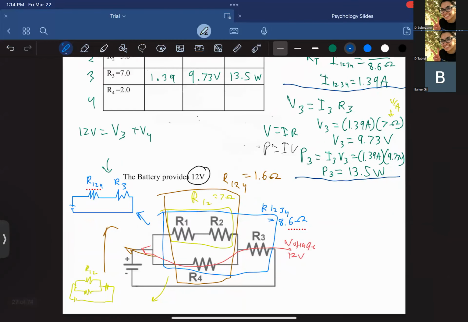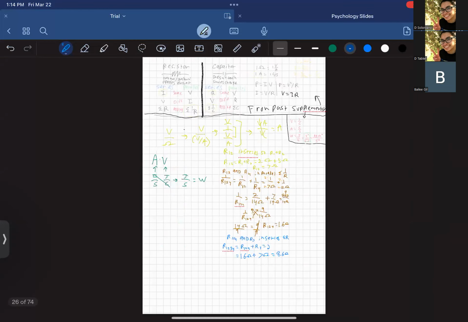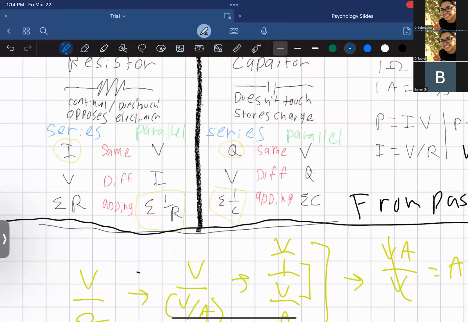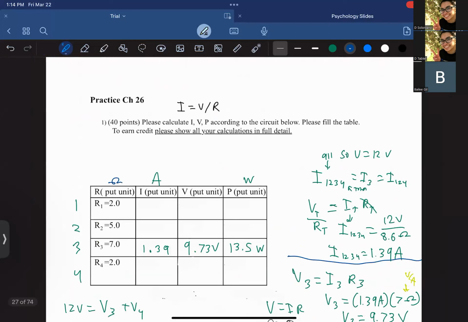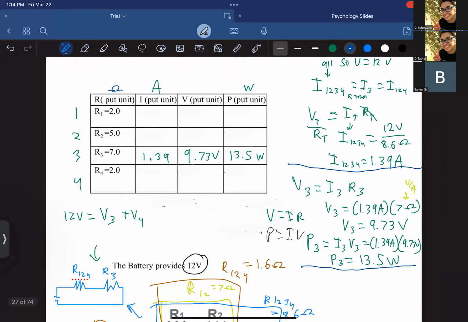Probably one of these two in the 1, 2, 4. We know that they're in parallel, and according to resistors in parallel, they have the same voltage but different I's, which means that our voltage that we found up here, did we find voltage for that yet? We have not. Okay.